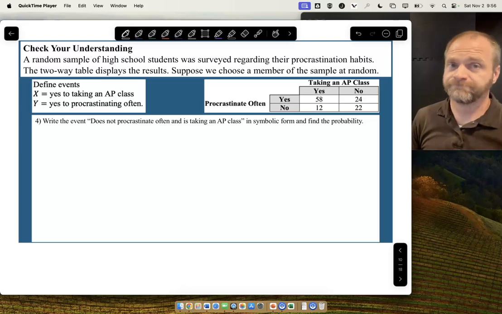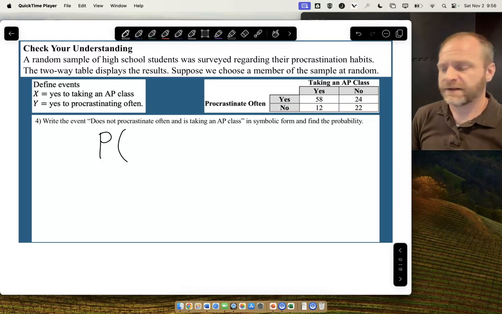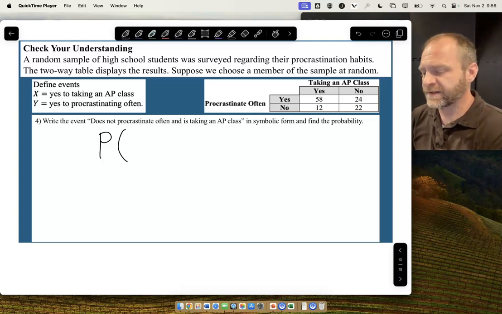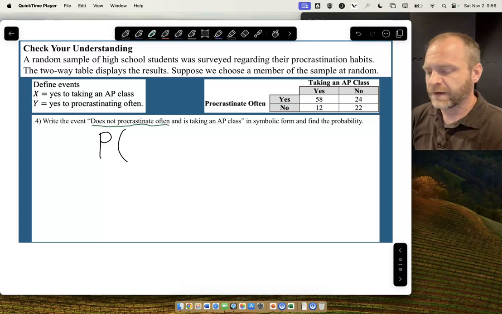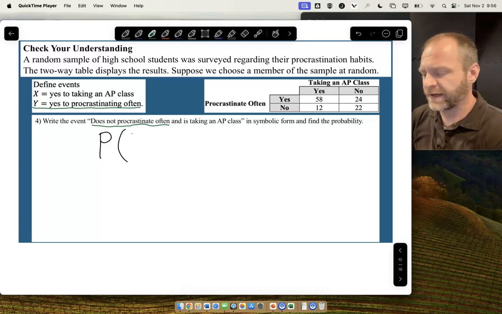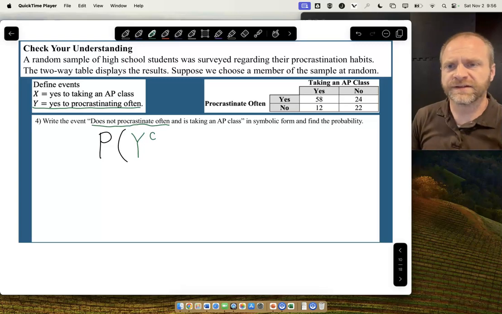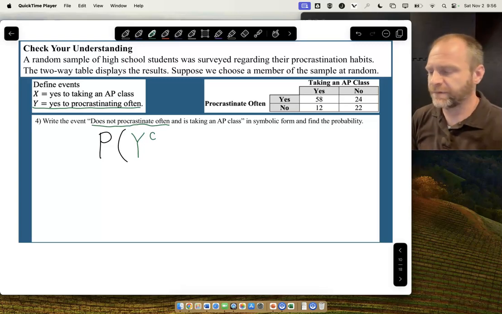All right, so notation time. I want the probability that the student does not procrastinate often. In that case, let's see, procrastinating often is Y. So I'm thinking that is Y complement. So the student does not procrastinate often, so that's Y complement.